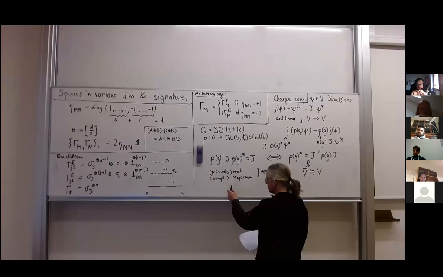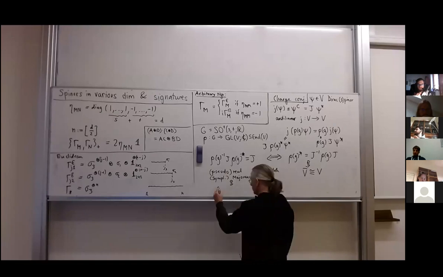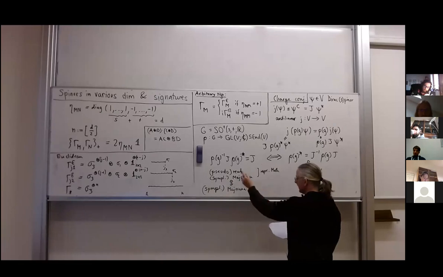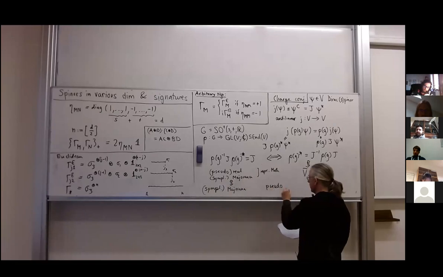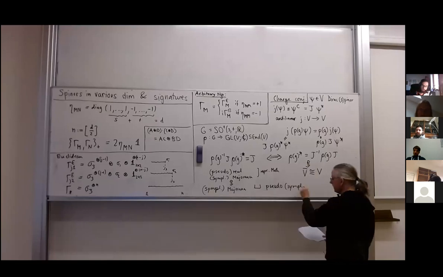So the physics would divide into two cases, and there are two cases already, so there will be like four cases. So there will be something that physicists would call symplectic Majorana, and then there will be some other case, the other half of that they will call pseudo symplectic, and that would be a distinct case.